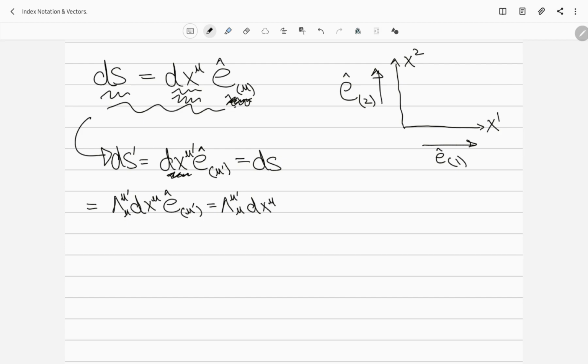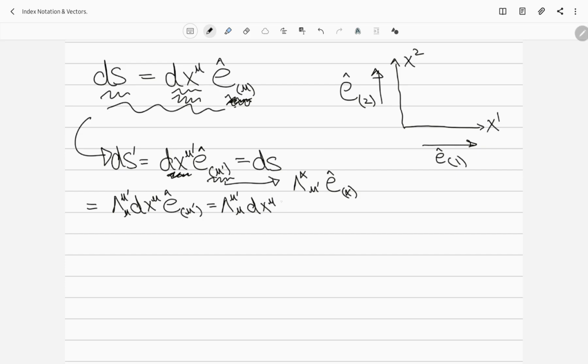And let's consider that this basis transforms such that you have lambda^α_μ' e hat_α. Let's just consider this and put it in our expression now.